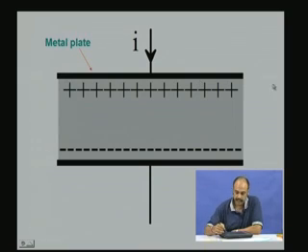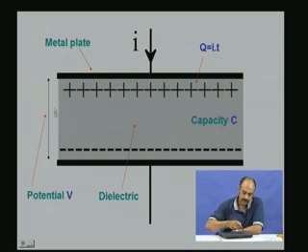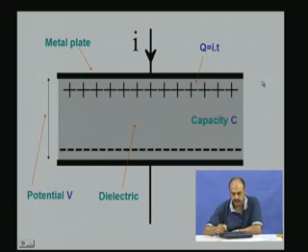So, that is the metal plate as I have indicated. This is the dielectric, this is the capacitor with capacity C, and the charge Q is current into time. The current into the time is the amount of charge that gets accumulated here, and the difference between the potential between these two plates is the potential V or volts.